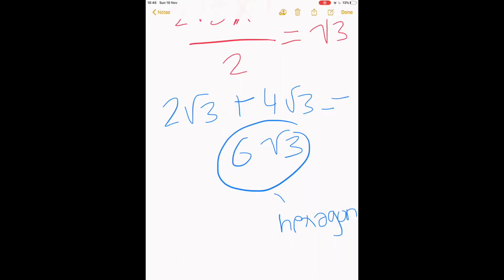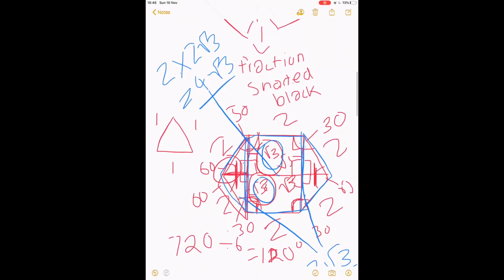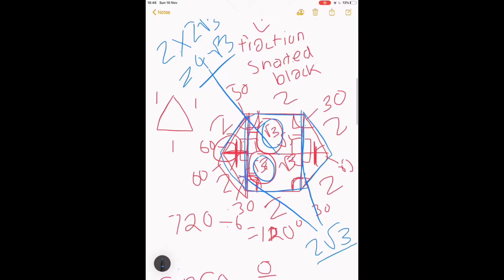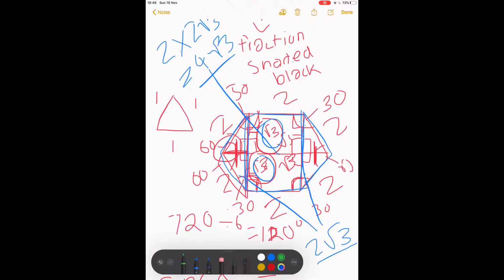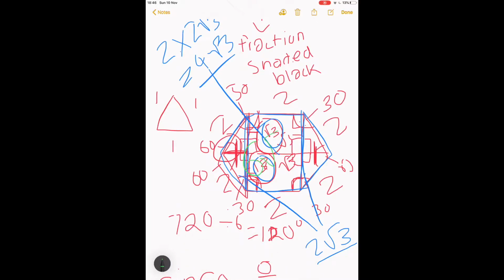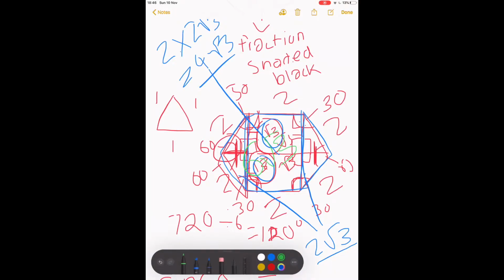Now we've got that, so 6 root 3 is our whole thing, and then we can find out the area of our triangle here.